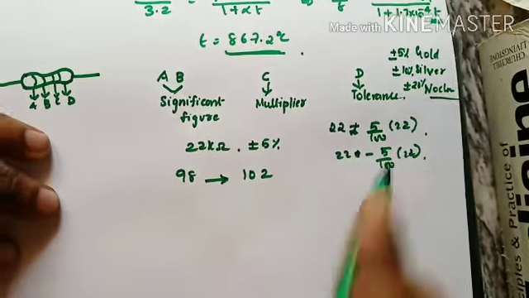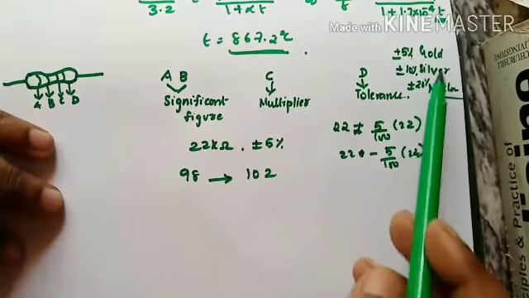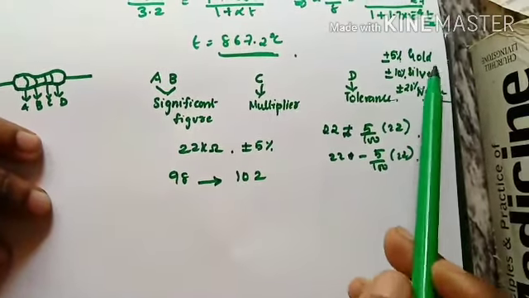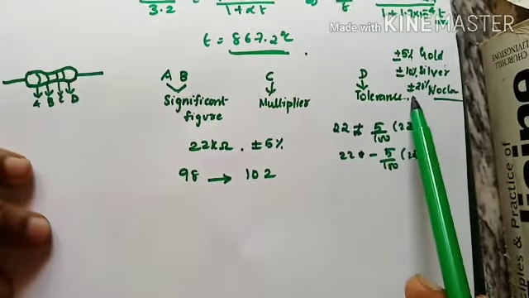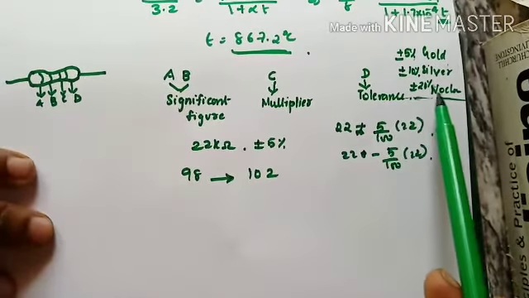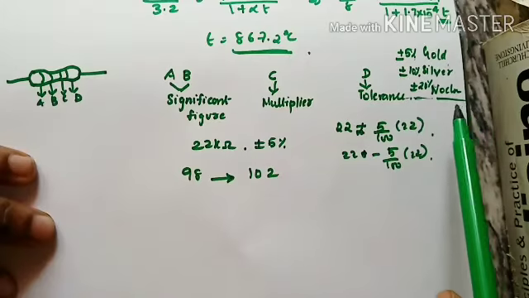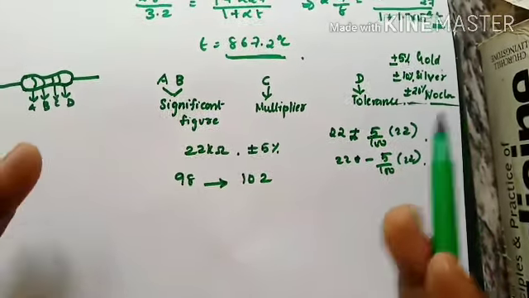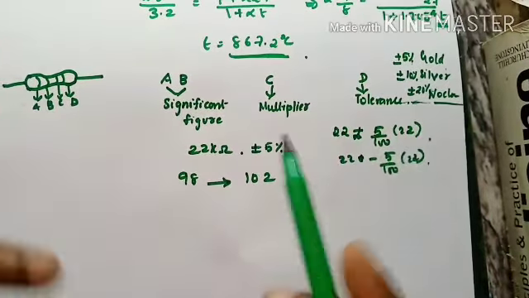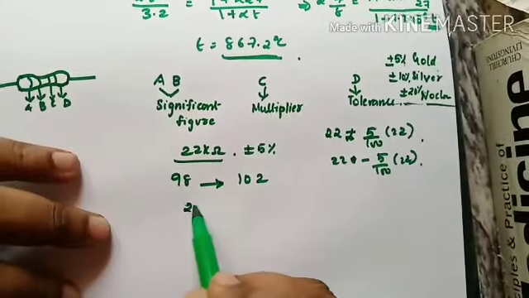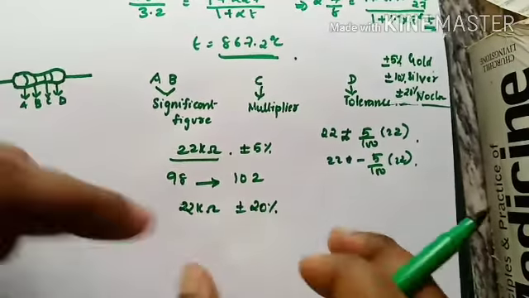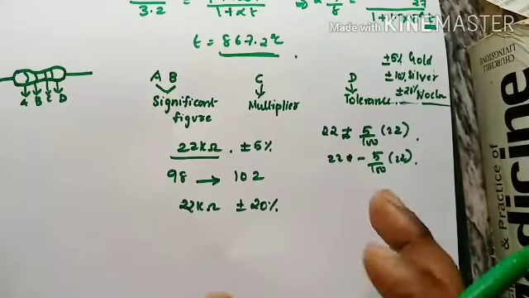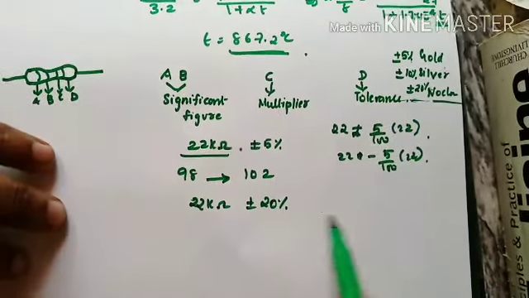I hope you understood. Depending upon the band, you can understand whether the tolerance is high or low. Suppose the 20% indication means its variation is high. If you have the same 22 kilo ohm resistance with a tolerance of plus or minus 20%, its range is very high.